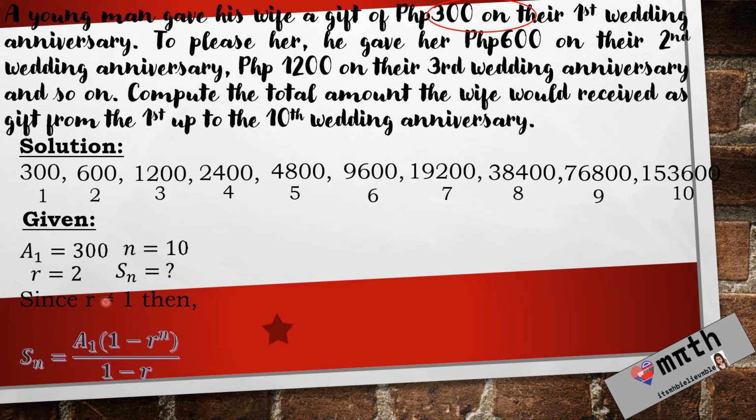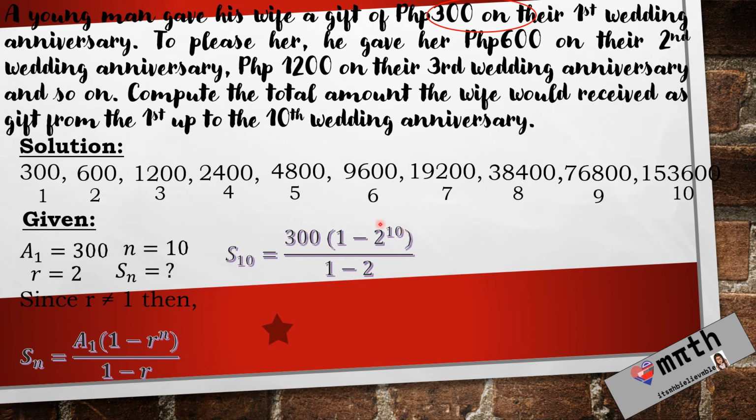Since that is the condition, the formula that we're going to use is S sub n is equal to A sub 1 times 1 minus r raised to n, all over 1 minus r. As we substitute the values, that would be S sub 10 is equal to 300 times 1 minus 2 raised to 10, all over 1 minus 2.